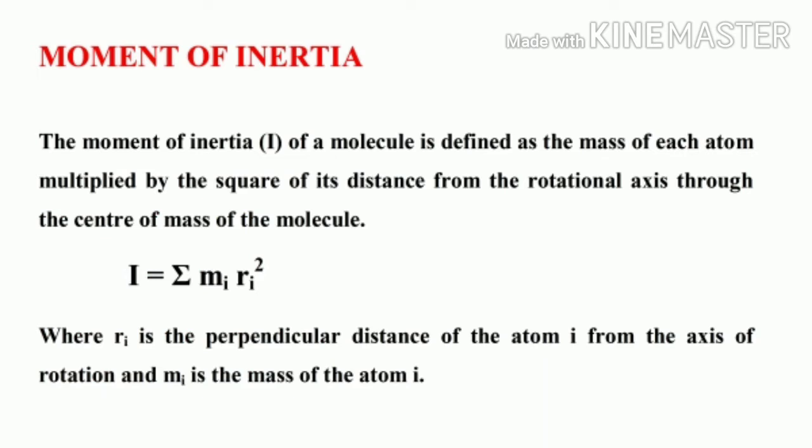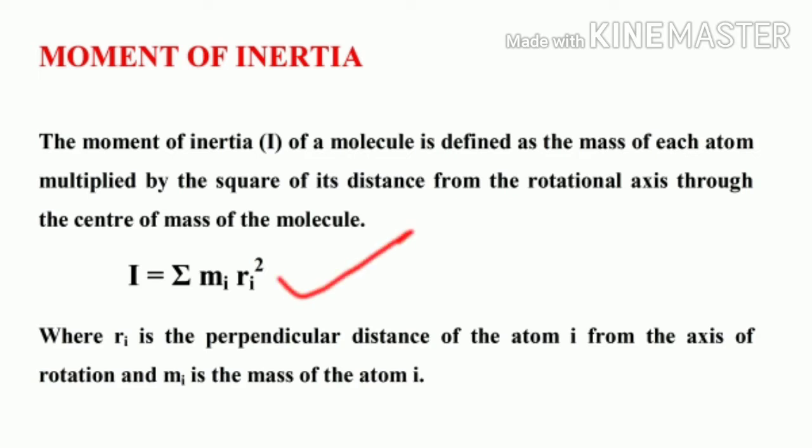The key important parameter we are going to discuss today is the moment of inertia of a molecule. The moment of inertia of a molecule is defined as the mass of each atom multiplied by the square of its distance from the rotational axis through the center of the mass of the molecule.